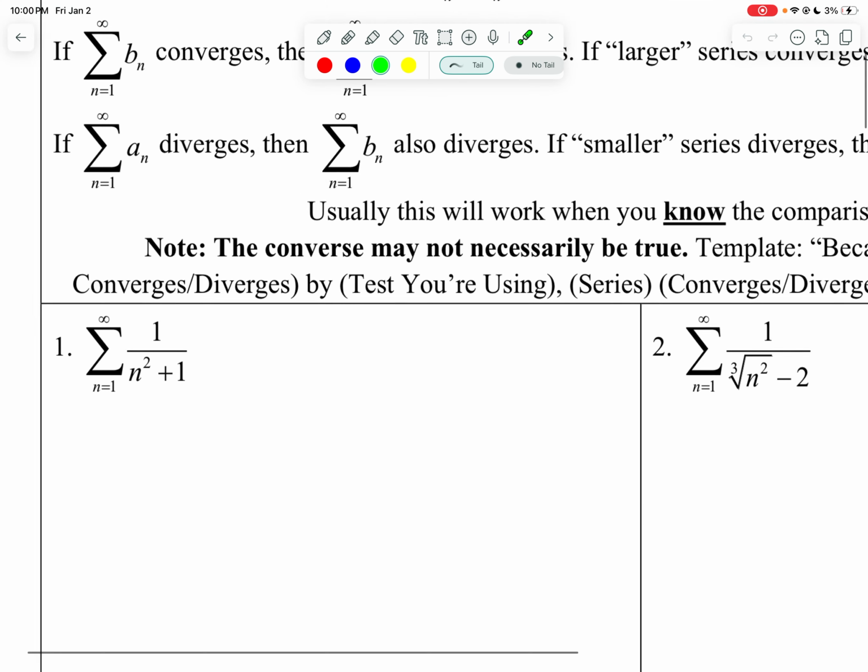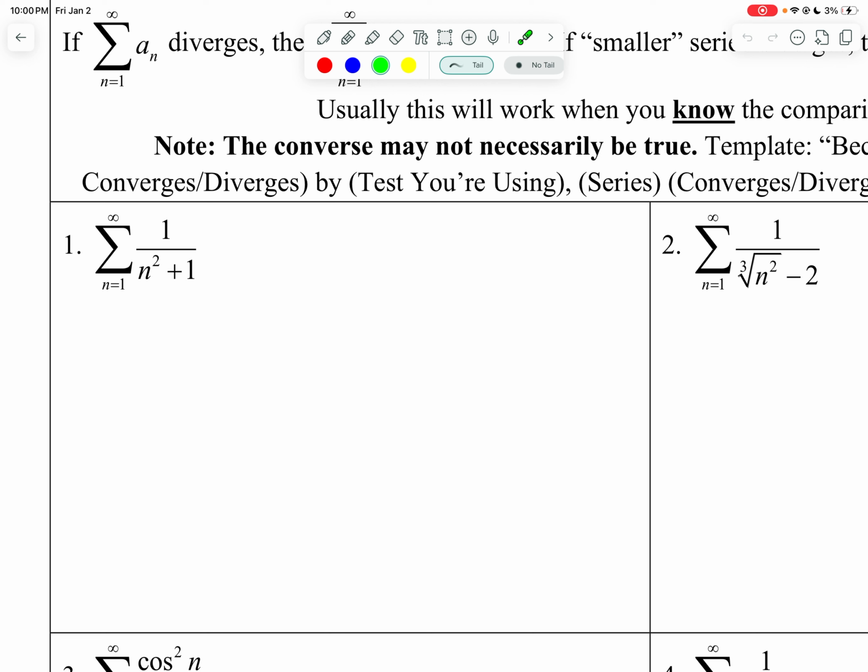Of course, on the AP exam, we aren't very fond of using the integral test because it takes a while to find that the function is continuous, positive, and decreasing. That takes a lot of time. So of course we want these tests in our toolbox to help us, and the direct comparison test is going to help us because it's faster than the integral test.